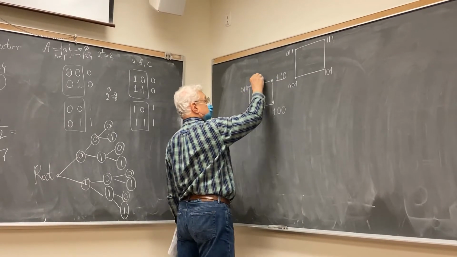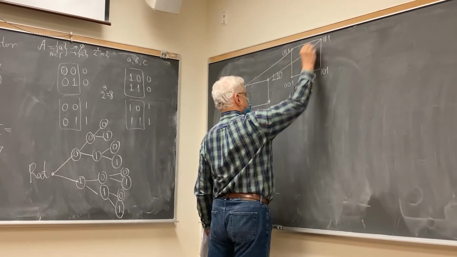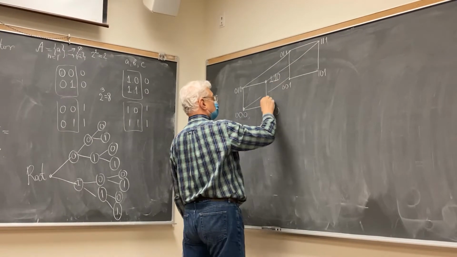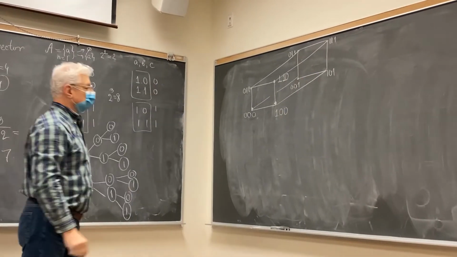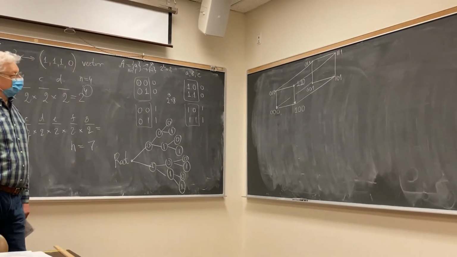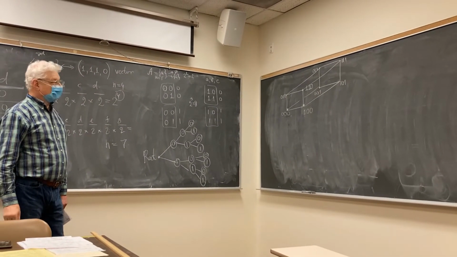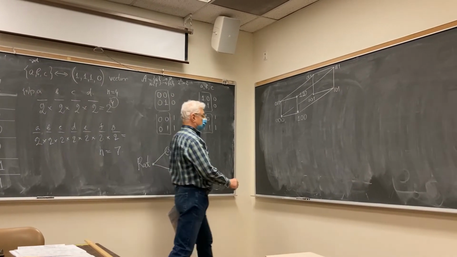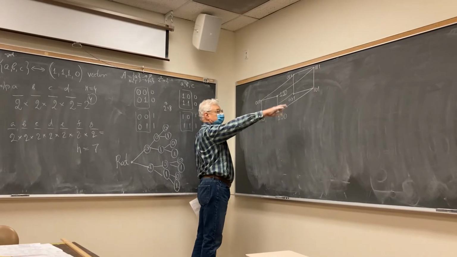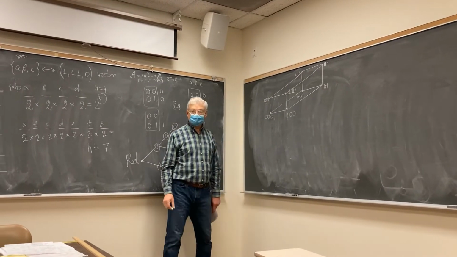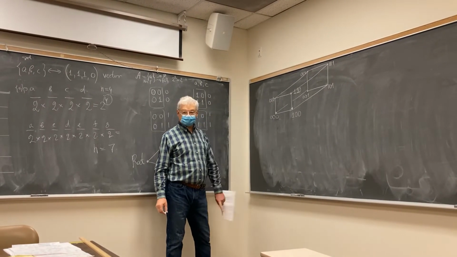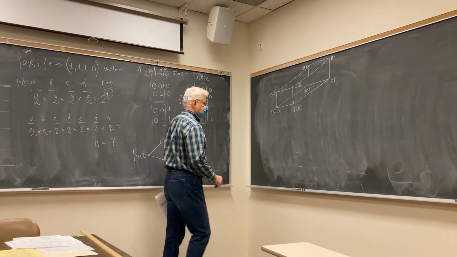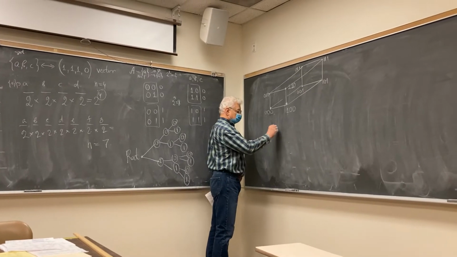And if I connect those, what will I get? It looks like a cube. It's a three-dimensional cube. Those ones and zeros are the coordinates of the vertices. 3 coordinates, x, y, z, and each one is either 1 or 0.